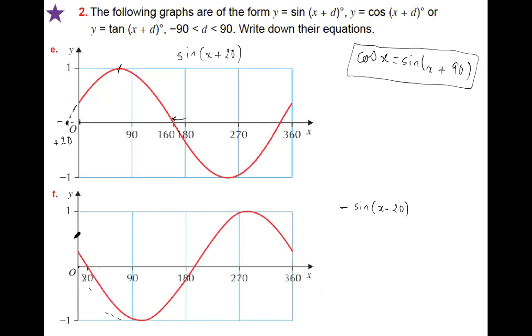Or we can say that it's a cos signal that has been moved to the left by 70 degrees. So you can say this is cos x plus 70.